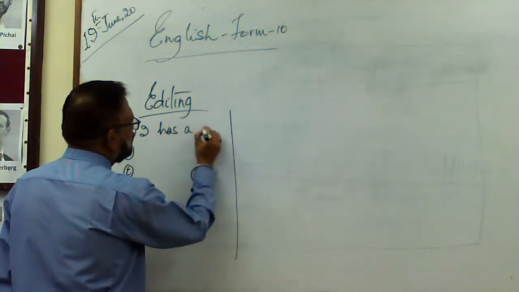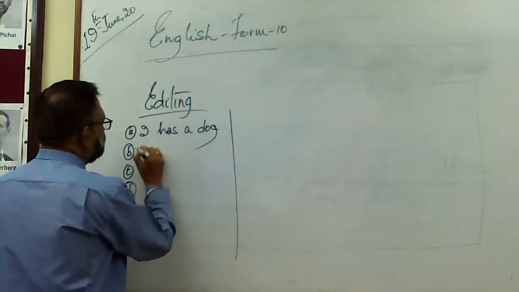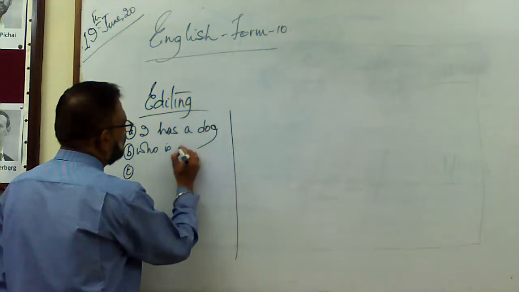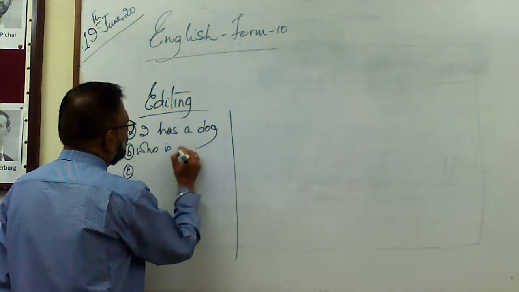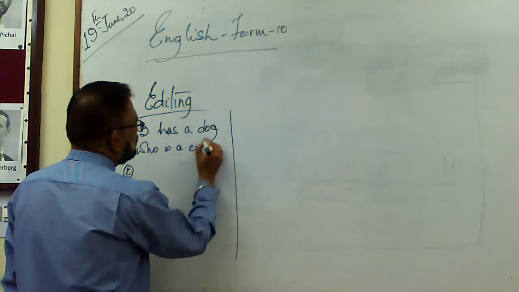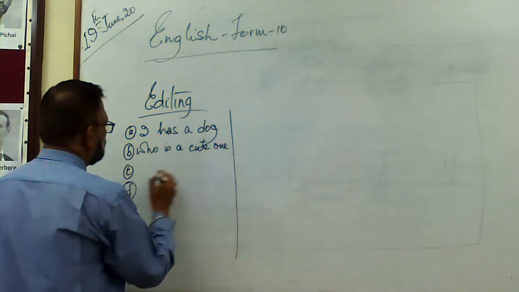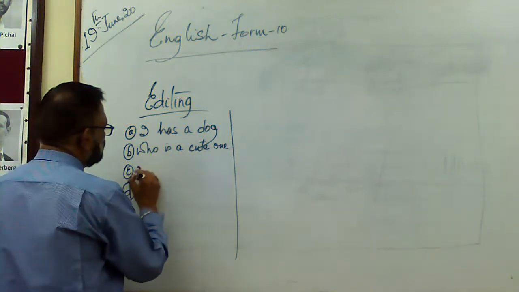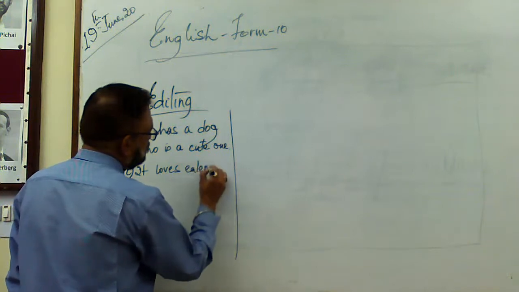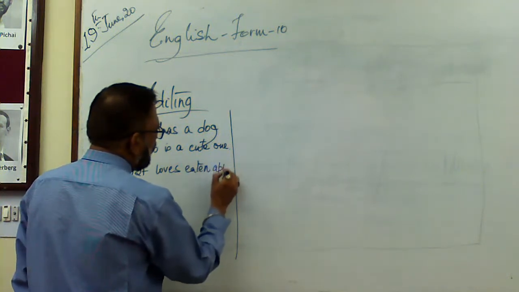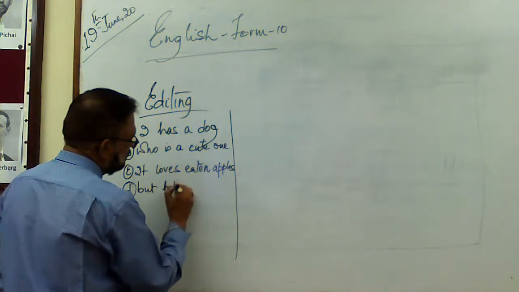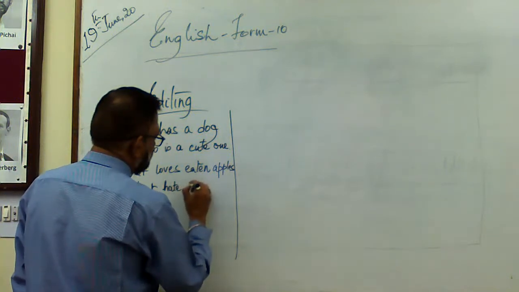Right, now say, for example: I has a dog, who is a cute one. It loves eating apples, but hate cereals.